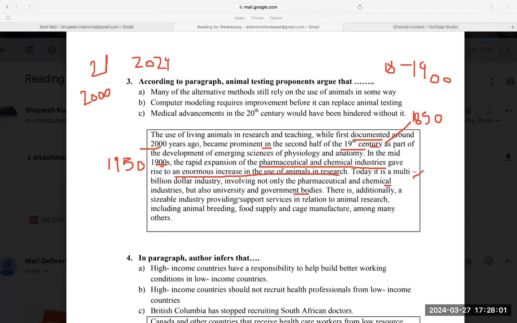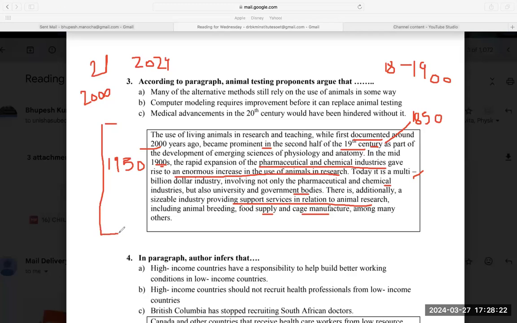There is additionally a sizable industry of support services in relation to animal research, including cage manufacture, because you have to keep the animals, so you will require cages, and cage manufacturers will also reap the benefits. So overall the topic is that animal testing kept on increasing, starting from 2000 years ago until now. It is continuously on the rise.